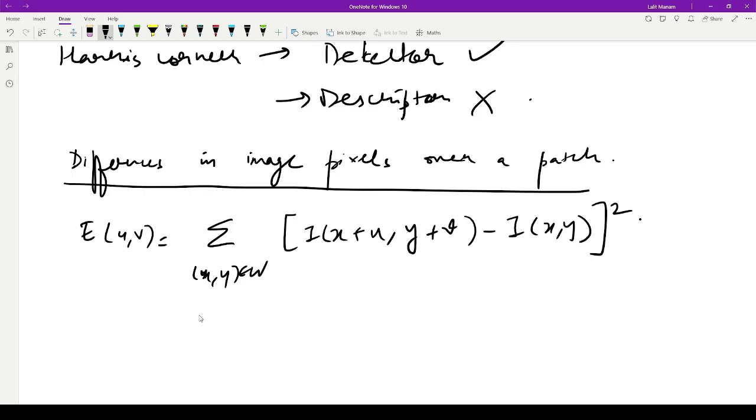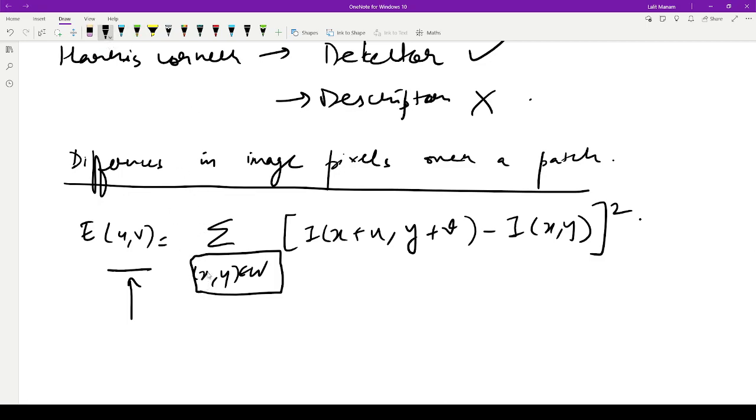We will consider a window and slide it, so the window is changed from the x,y location to the u,v location. The intensities that were in the window at the beginning and the intensities after the shift by u,v, we check the difference between those intensities. Here we fix u and v, and for a given u and v we go through the whole window.